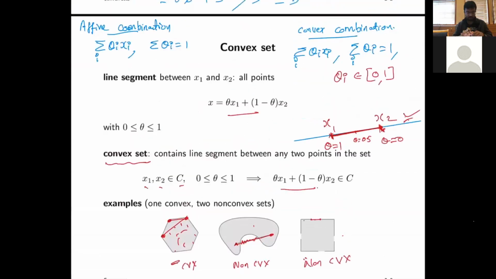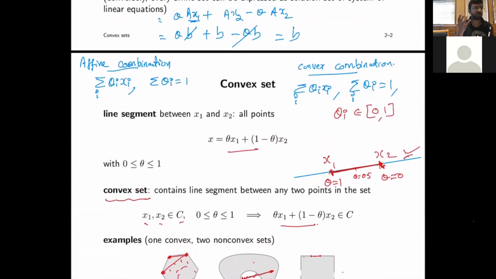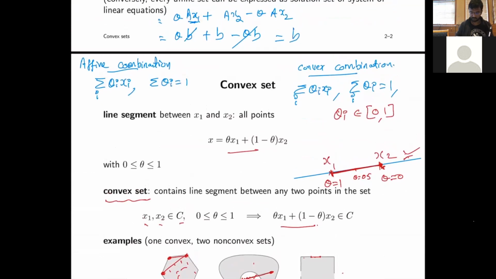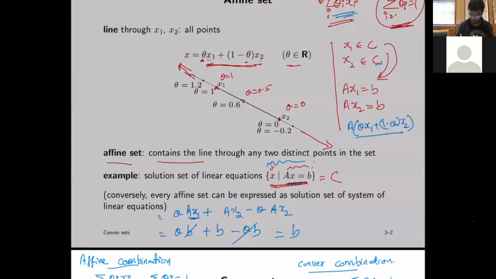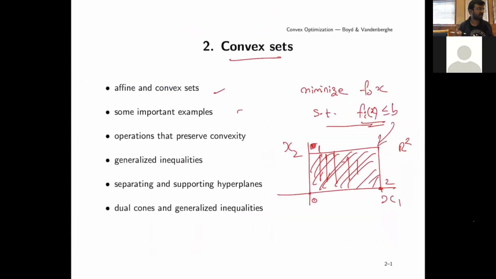But the story here is that we are learning the concept of convex set because in our problem, if the set defined by the constraints is convex, that is one of the criteria for the problem to be convex. What is the other criterion? The function has to be convex. So there are two things: one is the objective function, the other is the set defined by the constraints. Now we saw what is a convex set. If the set defined by the constraints is convex, it is good news to us.